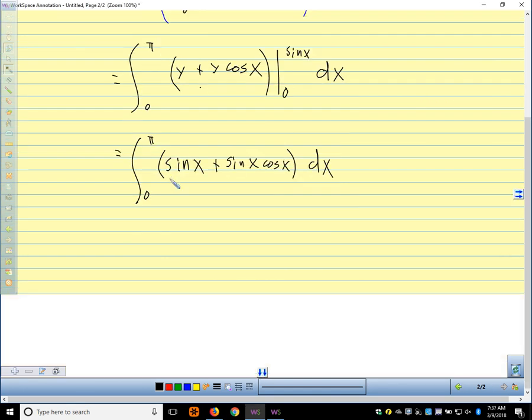And we're evaluating that from 0 to pi. So we get minus cosine x plus sine squared x over 2. And we're evaluating that on 0 to pi. And again, with trig functions, be careful, because some trig functions evaluate to a value at 0. When we evaluate this, we get 2.